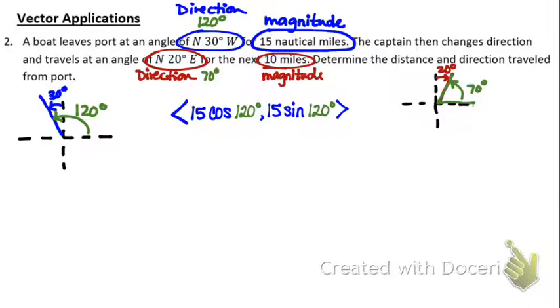Help me write this vector then. 10 sine 70, yes. So far, so good?